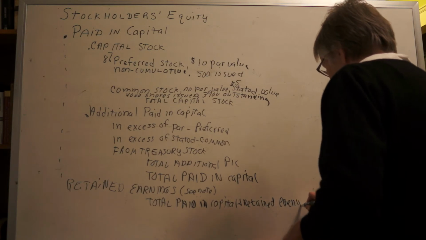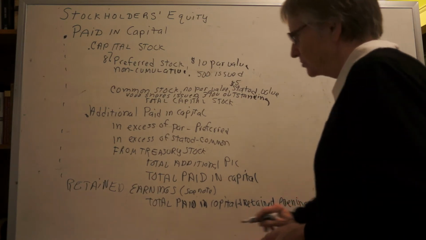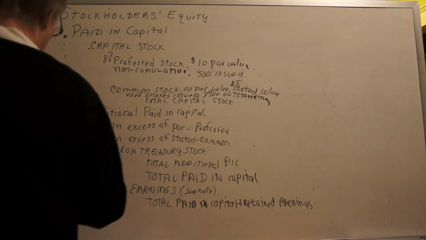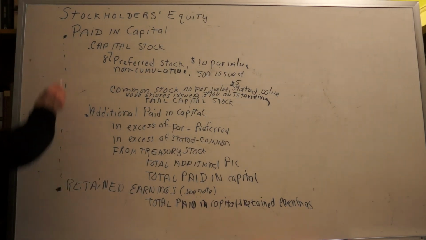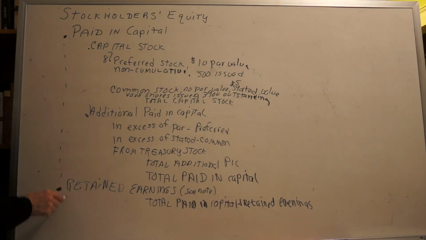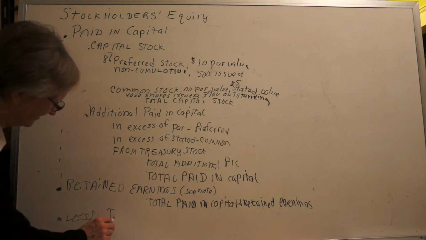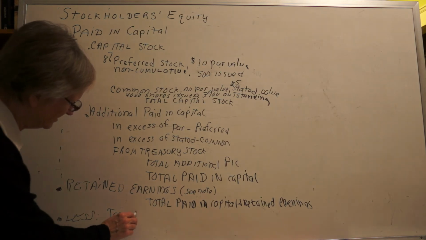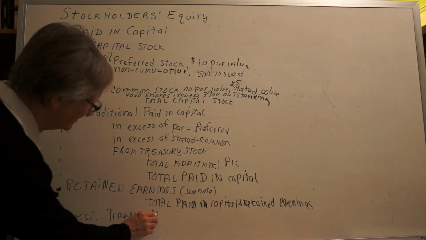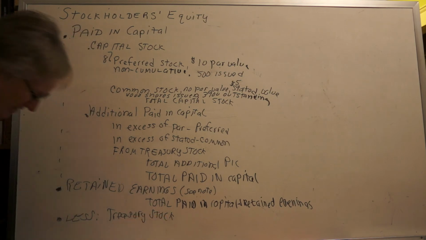At the very end we report our treasury stock, on the same line as paid-in capital and earned capital, less treasury stock. The amount in your treasury stock account is deducted at the end.